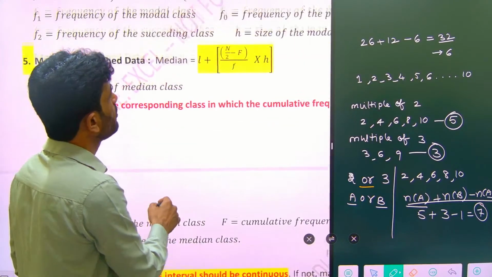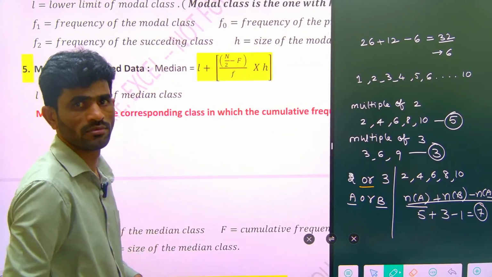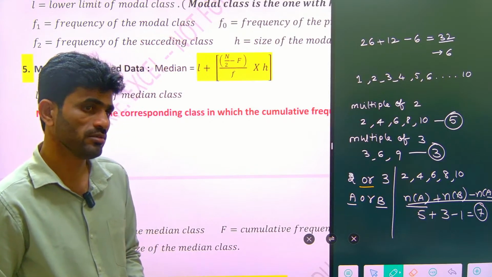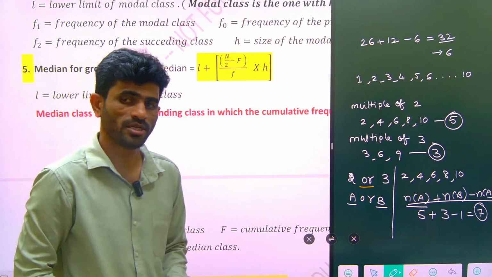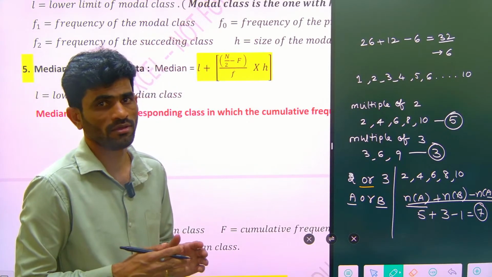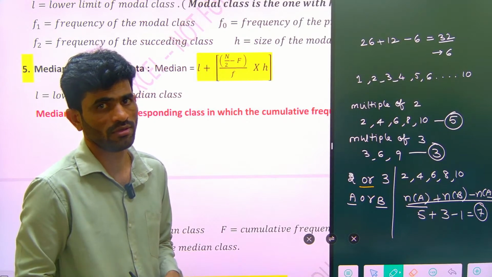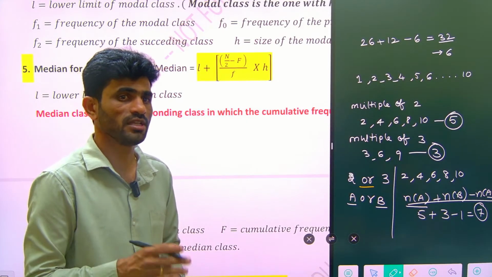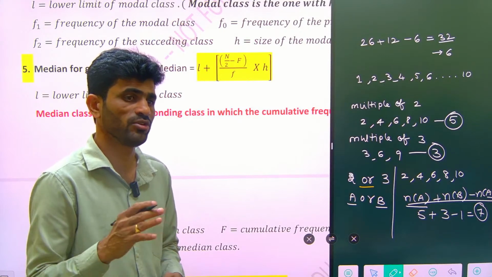Assumed mean method formula: a plus sigma fi di by sigma fi. Step deviation method formula: only in step deviation method h will come. A plus sigma fi ui by sigma fi into h.